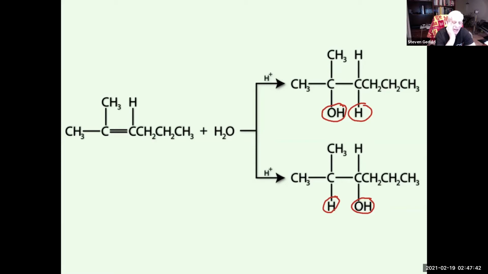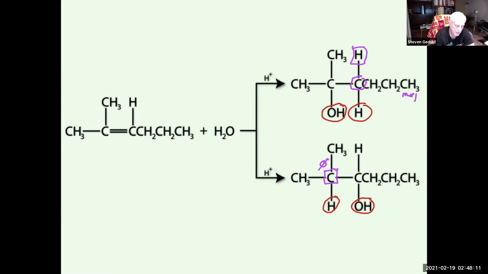It's not quite as obvious as the other ones, but if we look at where the H is, look at the top one. This is the carbon where the hydrogen is bonded to. It has one hydrogen attached. This is the carbon where the hydrogen bonded to the bottom one. It has 0 hydrogens attached. Remember, hydrogen likes hydrogen, or Markovnikov's rule. Hydrogen likes hydrogen. This is going to be your major product.